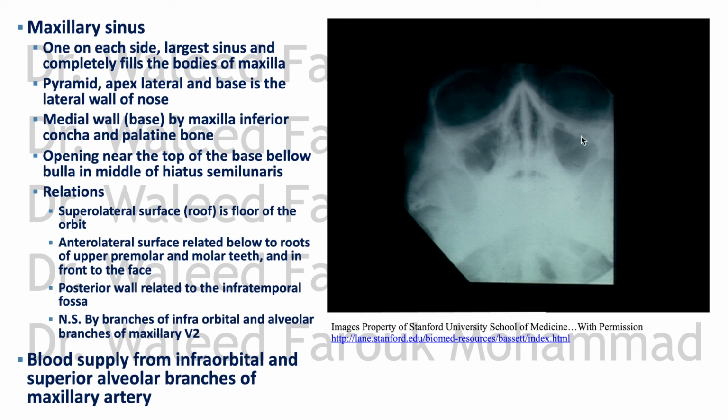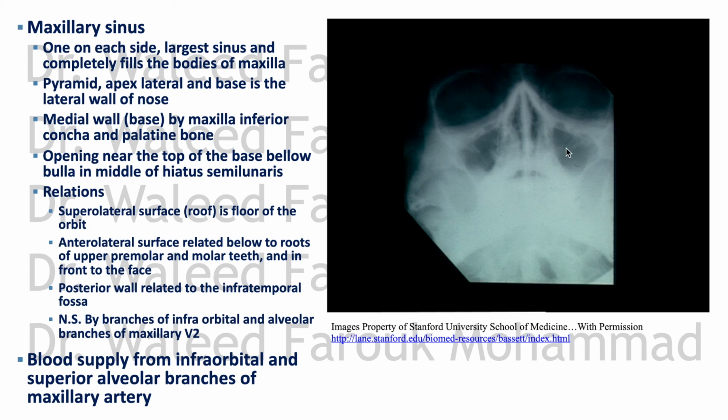The roof was the superior lateral surface. This is the anterior lateral surface. And it has a medial surface, which is the lateral wall of the nose, actually, formed by the ethmoid and the inferior concha.